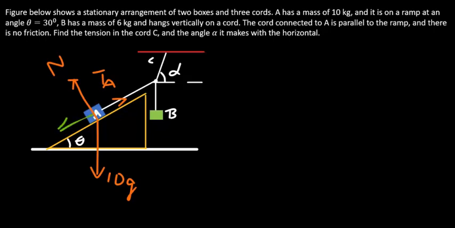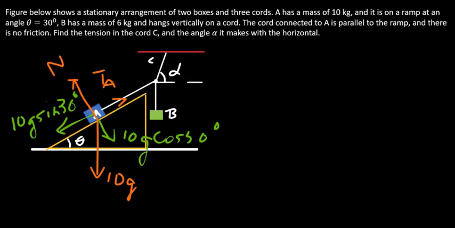One component is parallel to the plane, and that is 10g times sine of theta, or sine of 30 degrees. And the other component is perpendicular to the plane, which is 10g times cosine 30 degrees. We know that. And since you don't have any friction, it doesn't come into play.